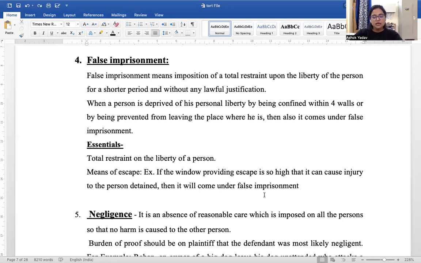If you have a means to escape that place, then it will not come under false imprisonment. So there should be no means of escape, and it should be total restraint on your liberty to move. Then that wrong will be termed false imprisonment. Okay.